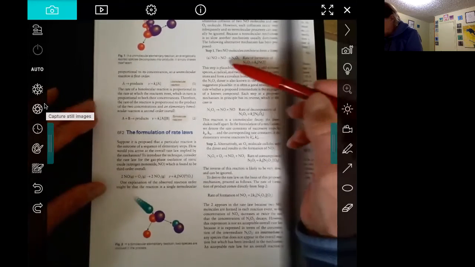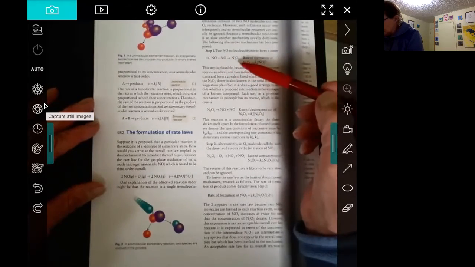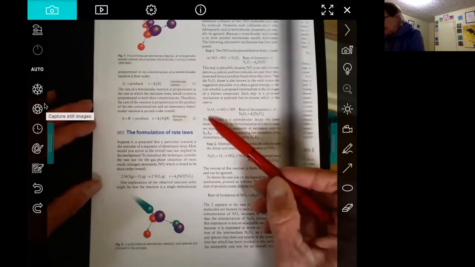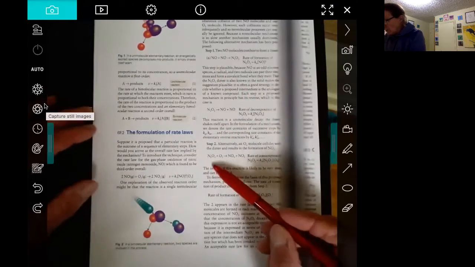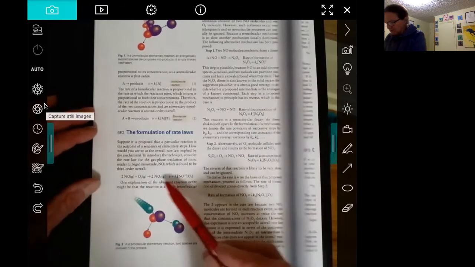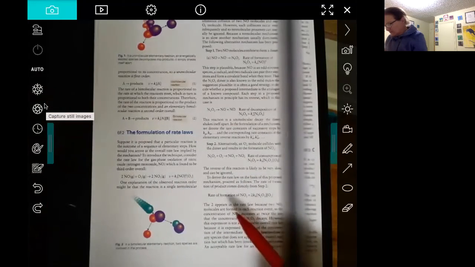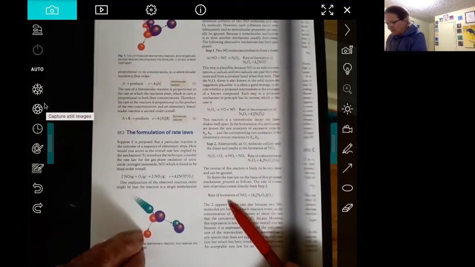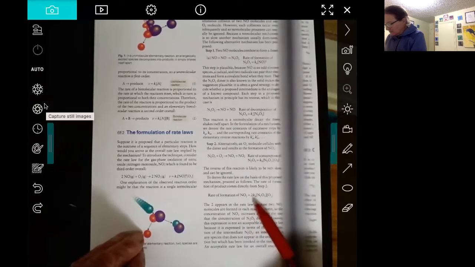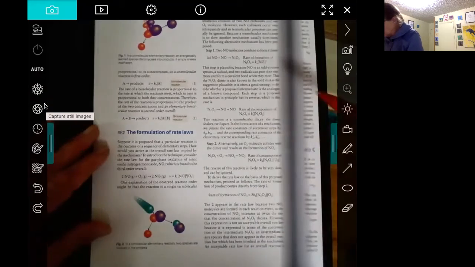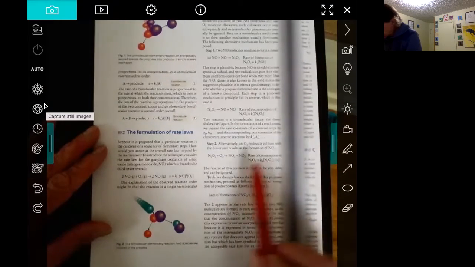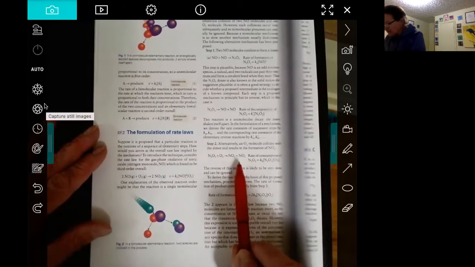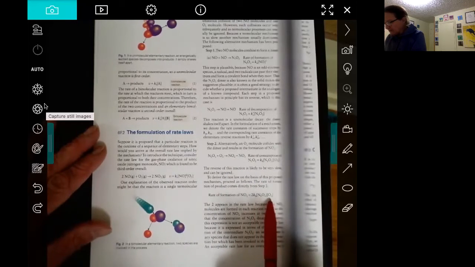This mechanism proposes that two nitrogen monoxides have to collide and you form this intermediate. Then the intermediate could go backwards to form two molecules of NO, or it could go on to react to form 2 moles of the product. This shows you that the rate of formation of NO2 would be equal to 2 times Kb, the rate constant for this step, times O2.